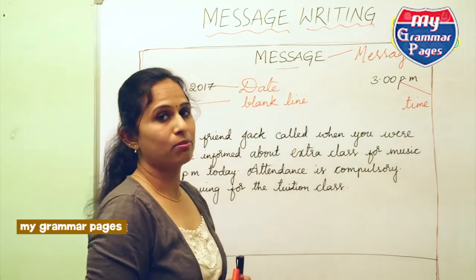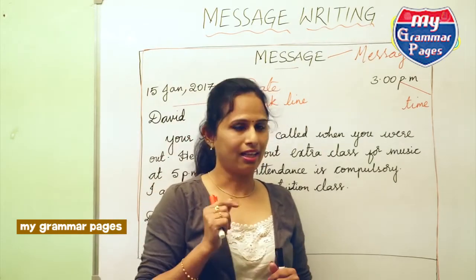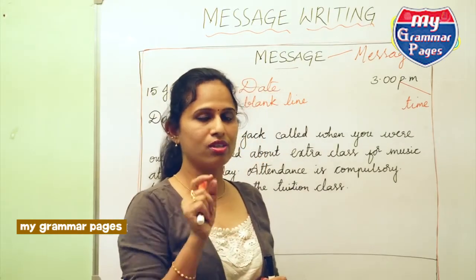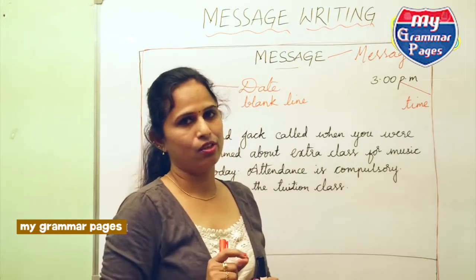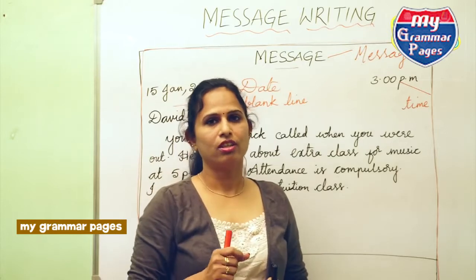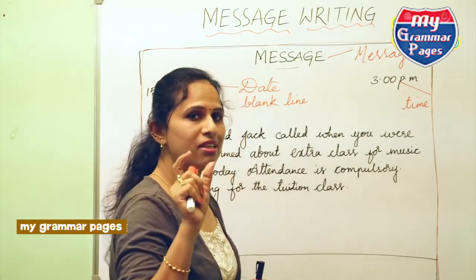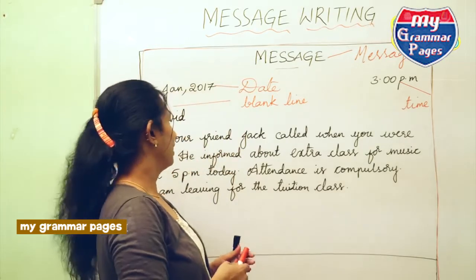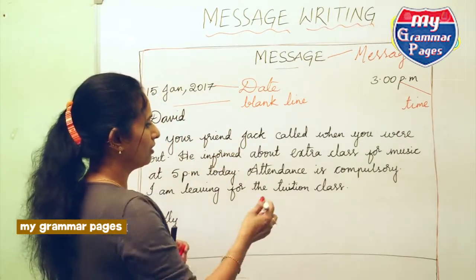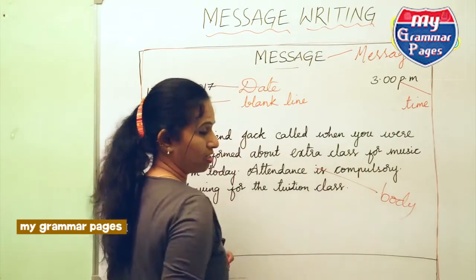Sometimes you will be writing a message to an unknown person. At that time, you have to use Mr. or Miss. For example, if you are writing a message to a person named Ranjan, you have to address him as Mr. Ranjan.